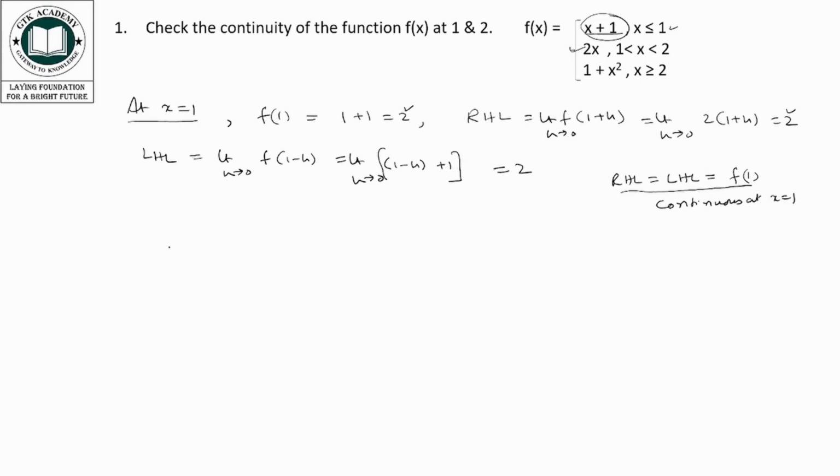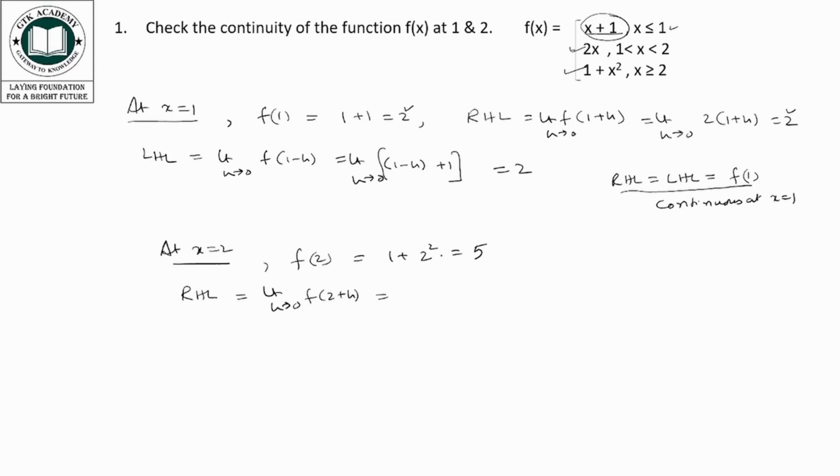Now let's check at x is equal to 2. At x is equal to 2, f(2) is defined as 1 plus x square. 1 plus 2 square, that is 5. Right hand limit at 2 is equal to limit h tending to 0 of f(2 plus h).